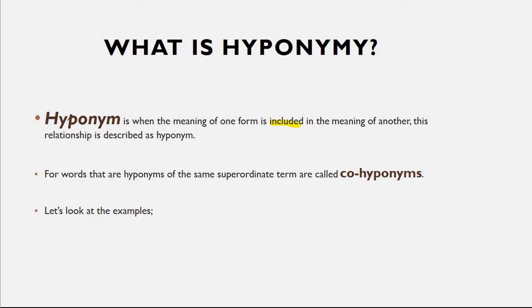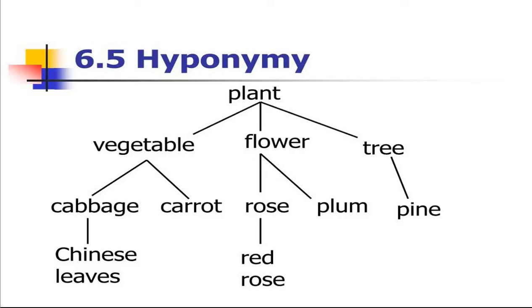Let's look at the example. In our course, in the previous chapters, we named hyponym as tür ismi, kapsayıcı isim. I hope you remember it. Let's look at the examples now.